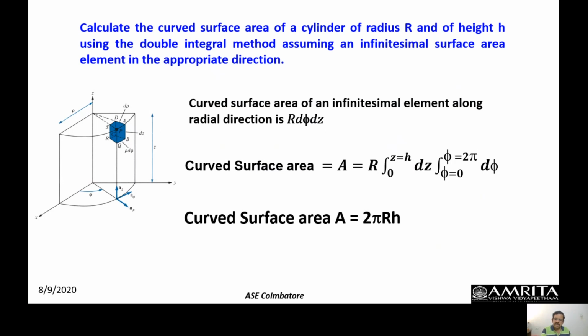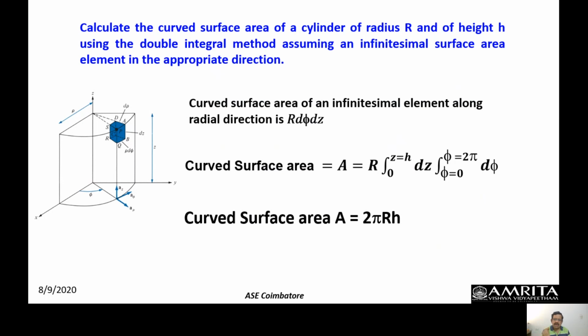I integrate, I will get 2 pi R h, which is not unexpected, which we know very well. So therefore, you can see the usefulness of this. What I have done is, when I integrated, because I am only asking for the curved surface area, which means I am only taking the magnitude.